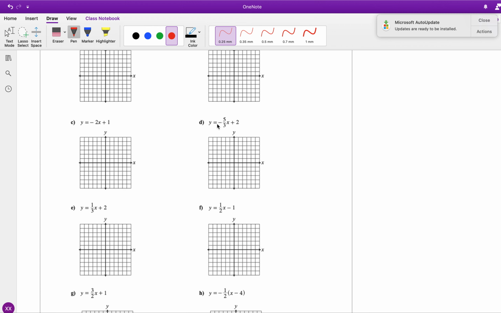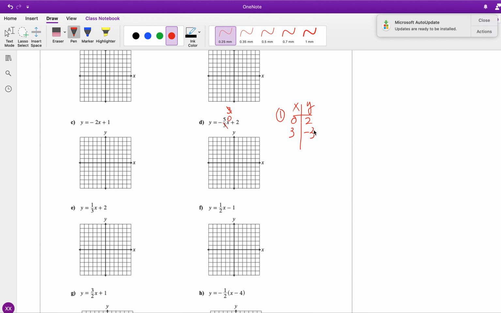For example, this one here. I can use either a table of values, x and y. So my x equals 0, and because there's a 0 here, my y is 2. Next, I'm going to use x equals 3, so this 3 and this 3 can cancel. Negative 5 plus 2 is negative 3.